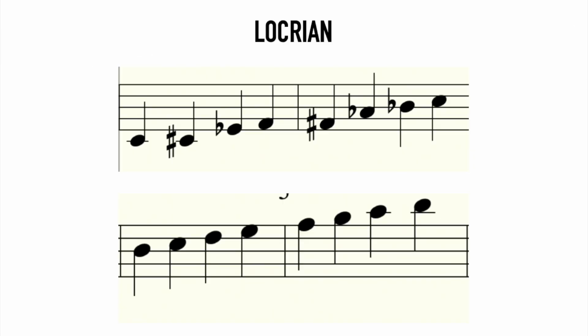Last we have Locrian, which it's probably not going to be used. We have a flat 2, a flat 3, a flat 5, a flat 6, a flat 7. If you play the tonic chord, it's a diminished chord. It's wild. It would be like playing the notes of the C major scale, but starting on B. Let's listen to how it sounds. Here is C Locrian. And B Locrian.